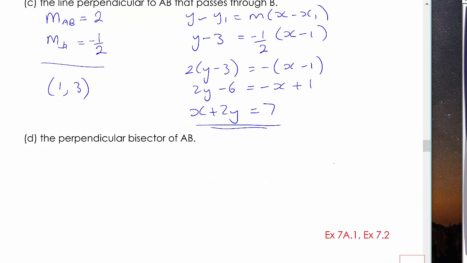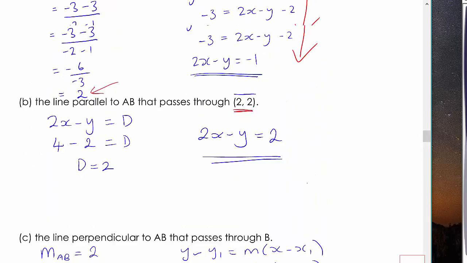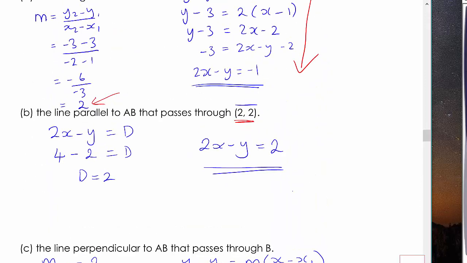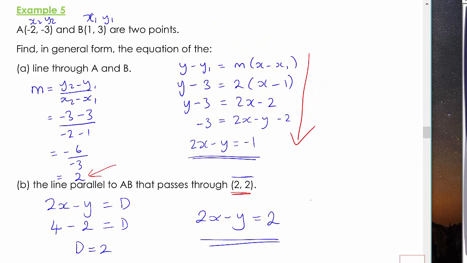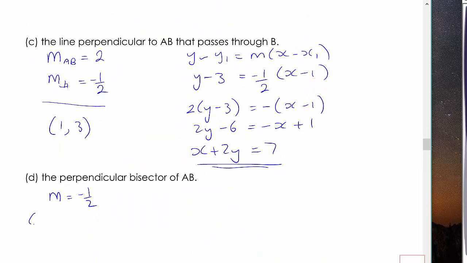And now we want the perpendicular bisector of AB. So if it's perpendicular to AB, once again the gradient is -1/2, and if it bisects, it goes through the midpoint. So let's go back and look at what our points were. -2, -3, and 1, 3.